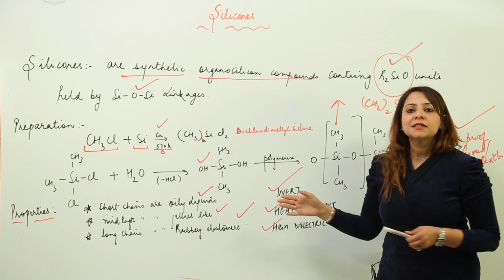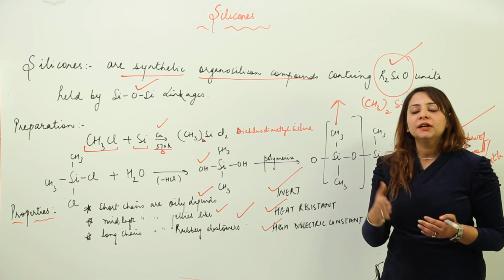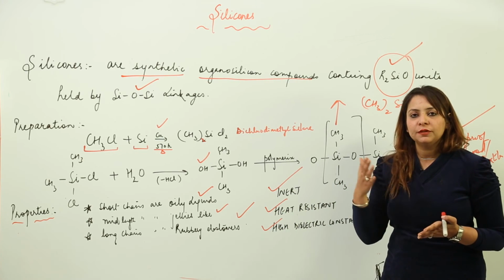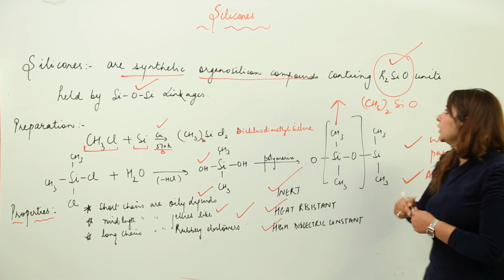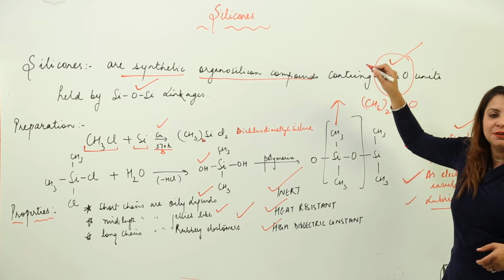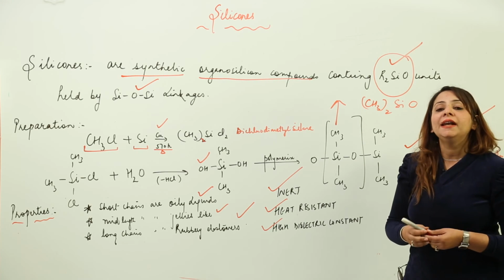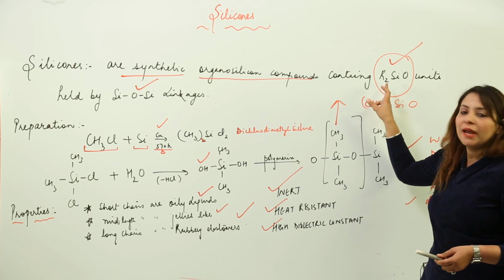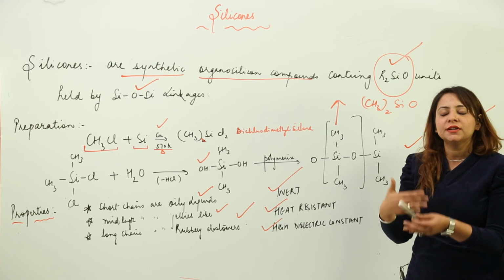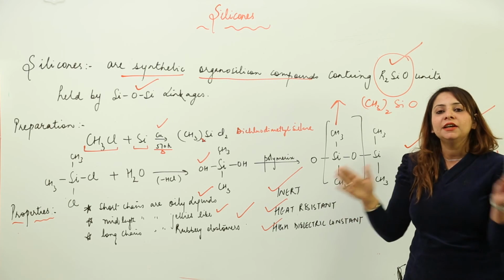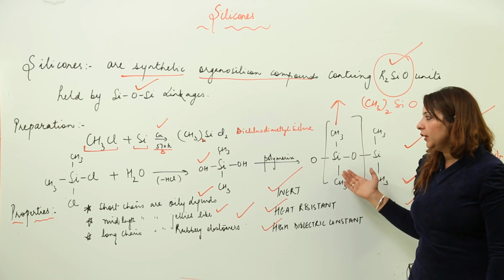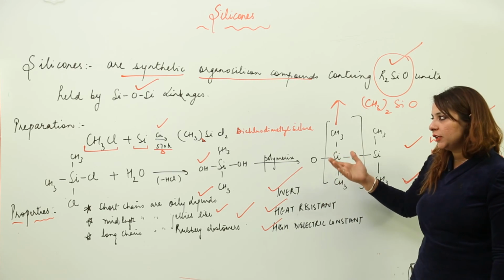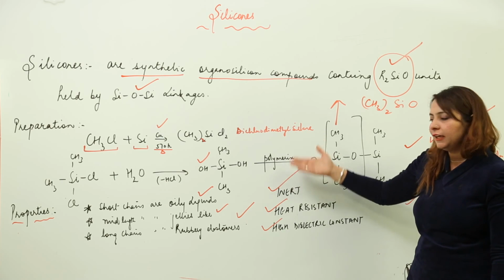So this is all about silicones. You need to be familiar with the fact that they are synthetic organosilicon compounds which contain a repeating unit, that means they give rise to a polymer, and definitely the monomer is R2SiO, which keeps on connecting with other monomers of the same kind and gives rise to a giant molecule, that is, the polymer. And moreover, you should be familiar with one of the preparations, as I gave you an example.